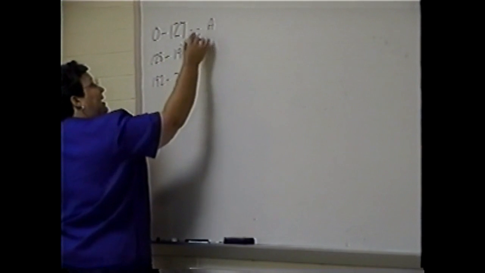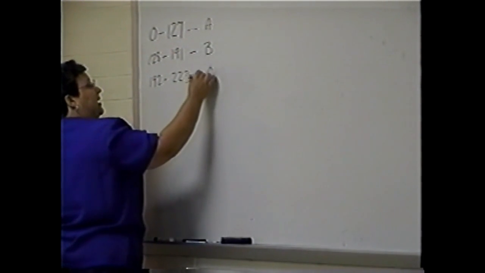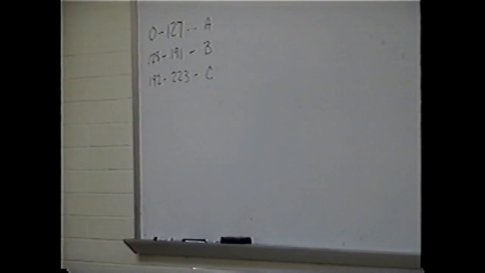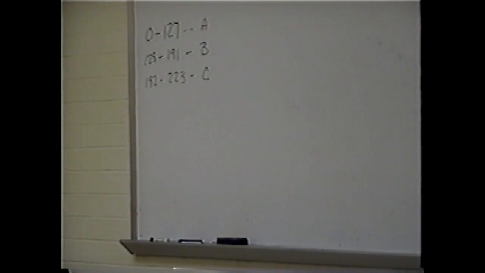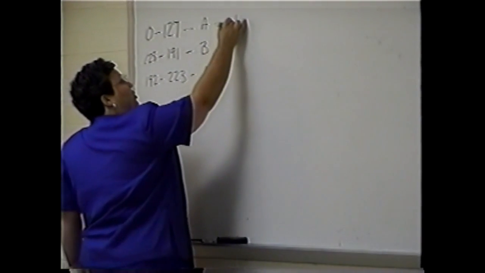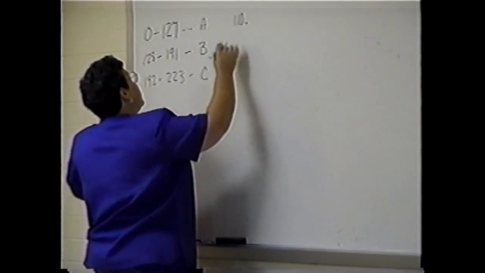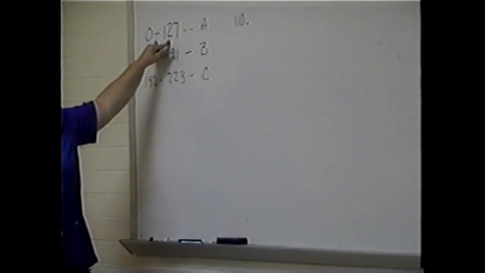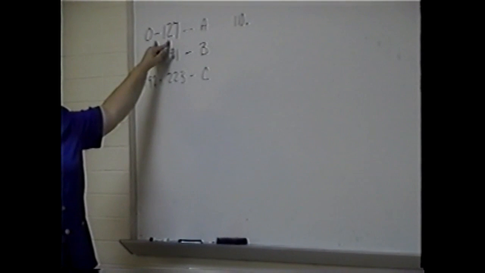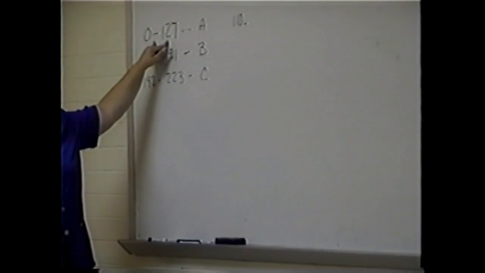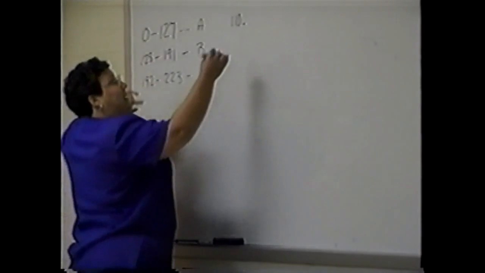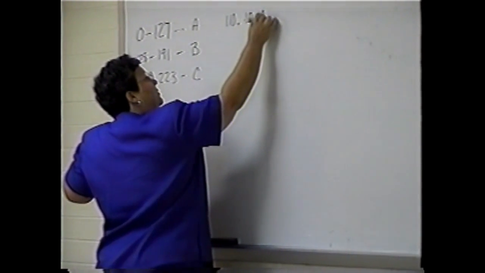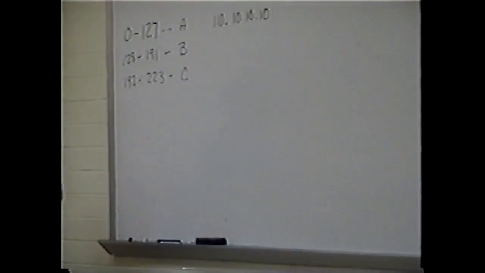This is a Class A, Class B, Class C. Different classes. Now these numbers correspond to that first octet. Any IP address that I see, if the first number falls between these two numbers right here, then it is a Class A. So you simply look at the value of that first number.